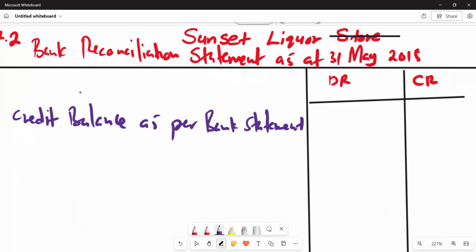So the amount that we have for credit balance as per bank statement is 591,000. Remember, we're saying credit, so we go to the credit side, 591,825. So after that, we can see what we can enter.